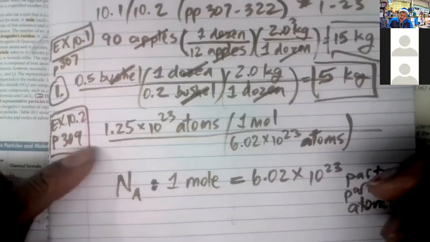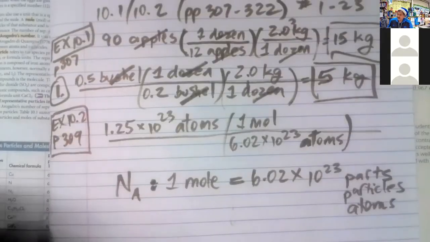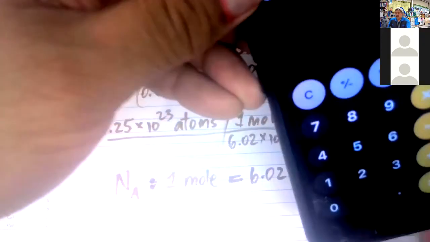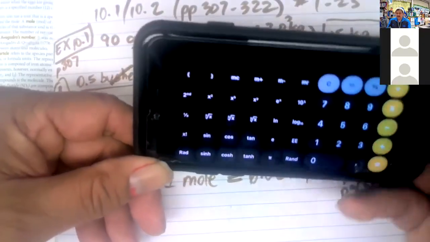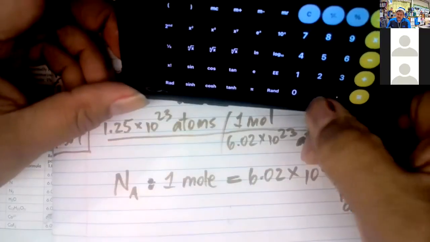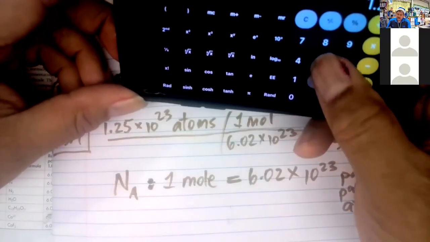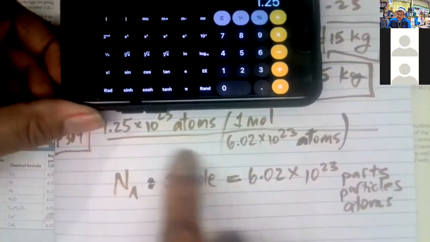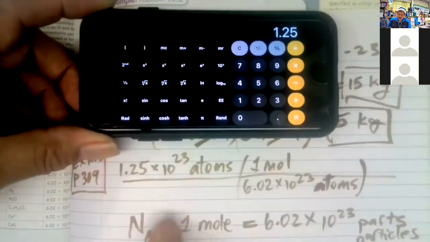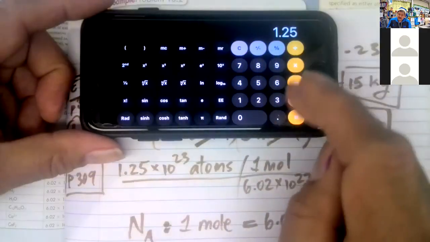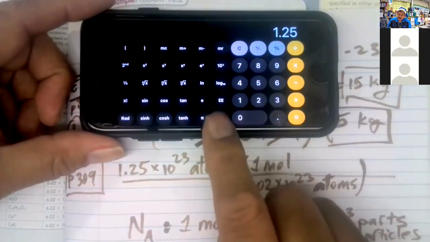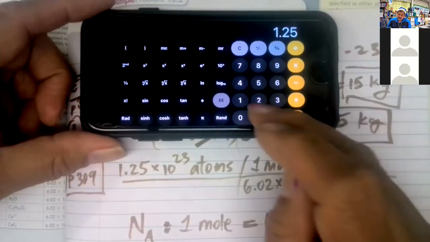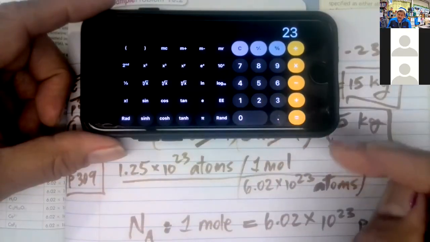Okay, so now here's what you get. You could do this on your scientific calculator. If you have an iPhone like I do, what you can do is turn that, and you can say 1.25, this number right here, 1.25 times 10 to the 23rd is that EE button right there, times 10 to the 23rd.